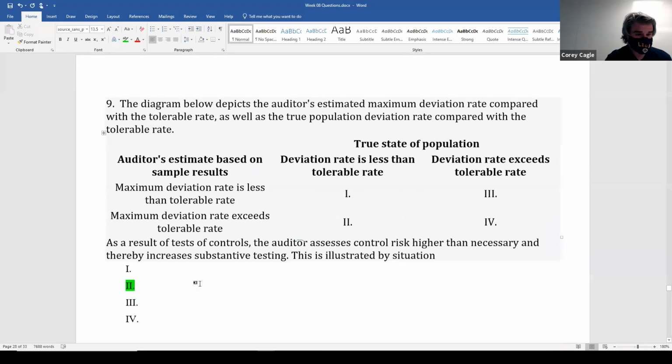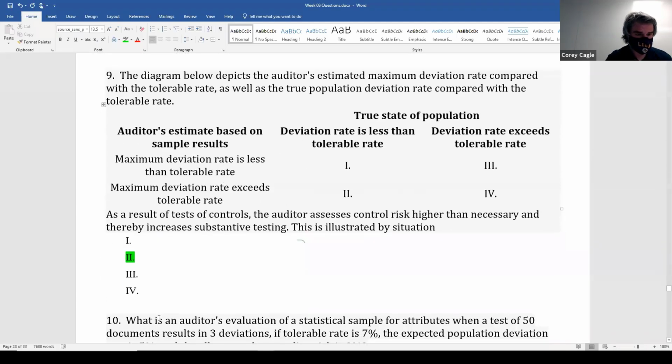Number 9. All right, look at this mess. The diagram below depicts the auditor's estimated maximum deviation rate, upper deviation rate, compared with the tolerable rate. So that's what we do at the end, where we decide if we're good or bad with the sample and what we found, right? As well as the true population deviation rate compared with the tolerable rate. So the things we gathered from our sample versus reality is what they're saying here, right?